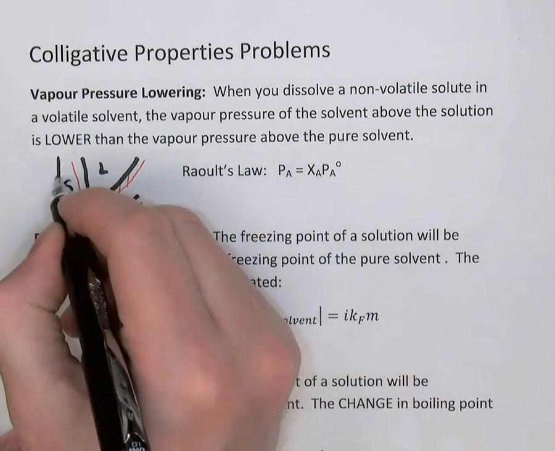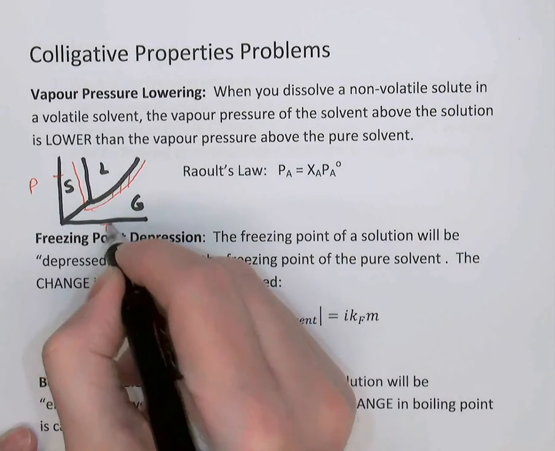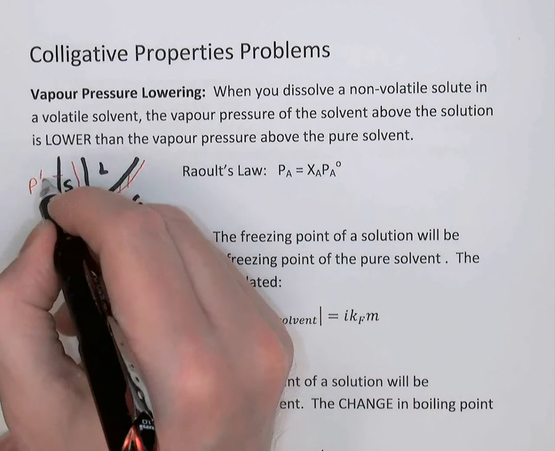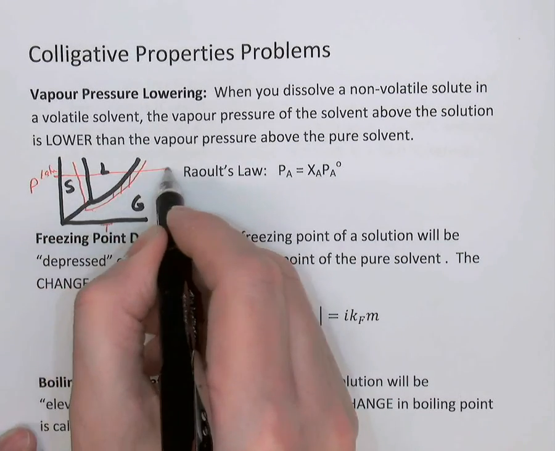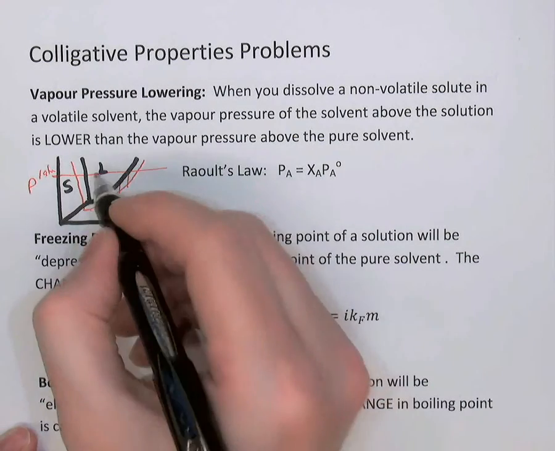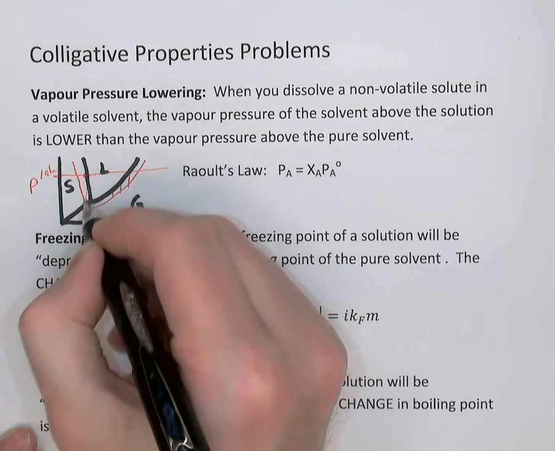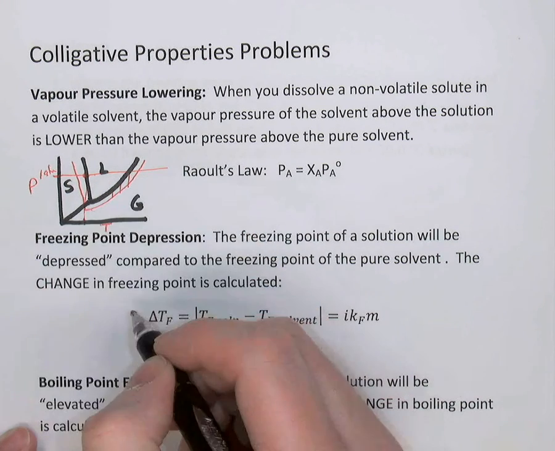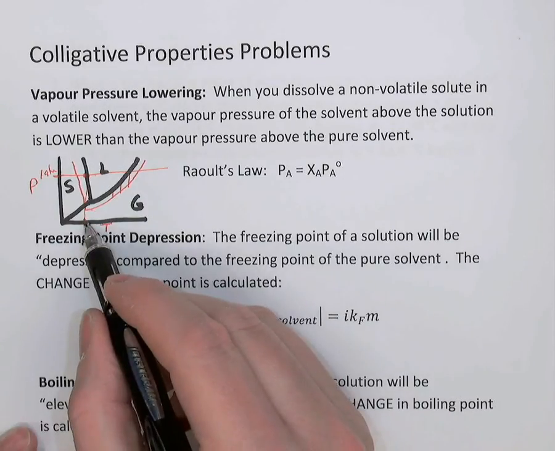Now notice that on a phase diagram, this is pressure and this is temperature on the x-axis. If this was 1 atmosphere, then we know that's a special point on the diagram. If we go straight over, this point here, on the original graph, was the solid-liquid phase boundary. At 1 atmosphere, if we went straight down, that would have been the normal melting point or normal freezing point of the substance.